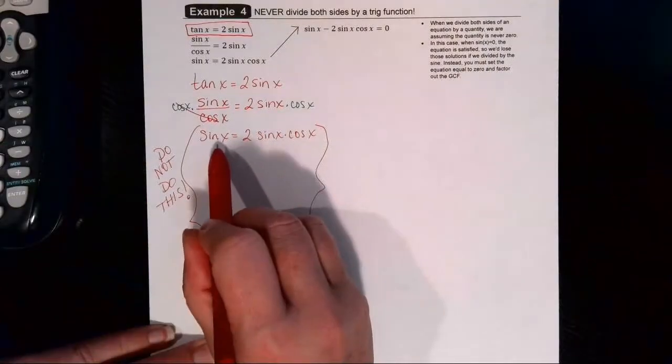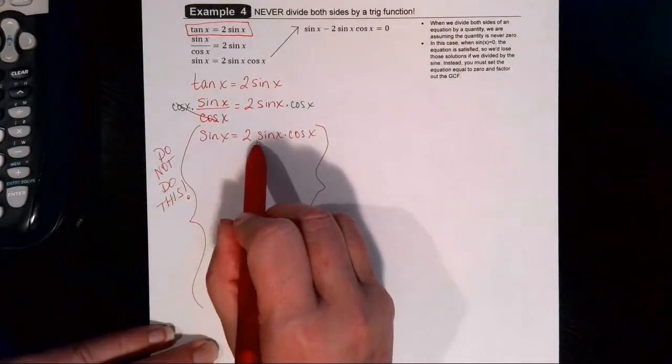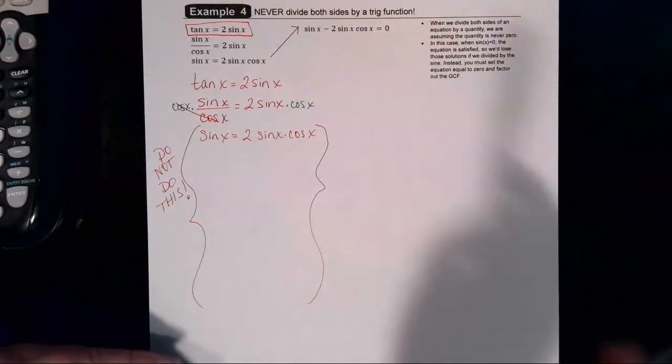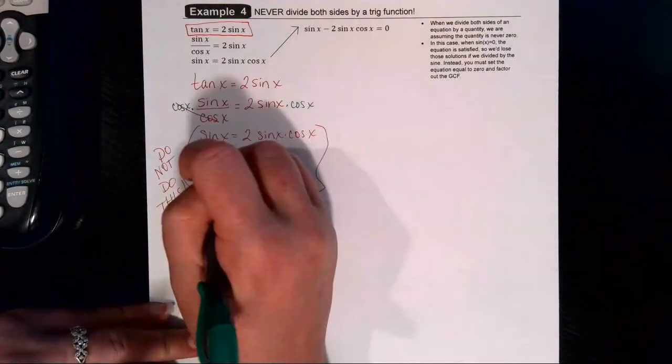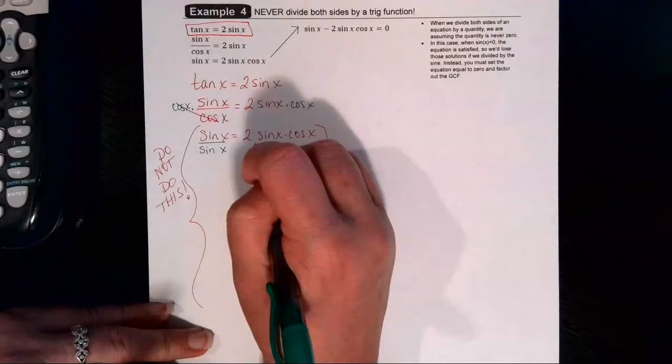Okay, so here where students are tempted to go next is they see a sine of x on both sides of the equal sign, and so they try to do this.